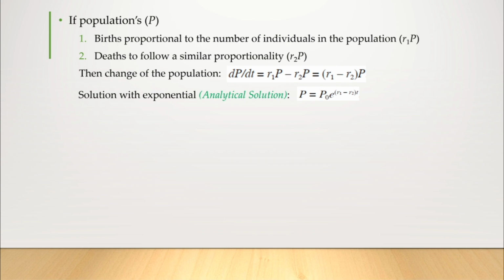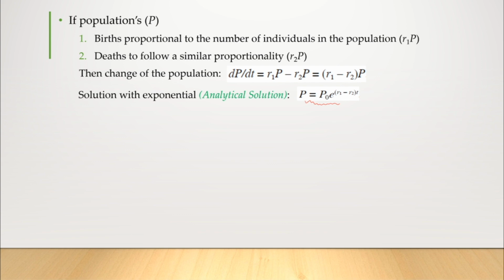In this one, you may recall these equations from the previous lectures, so I'm not going to go deep on how you get the analytical solution. You did this on your exam as well, this part right here. So let's talk about this a little. Here the births are proportional to the number of individuals.